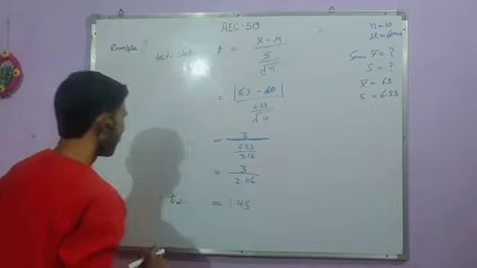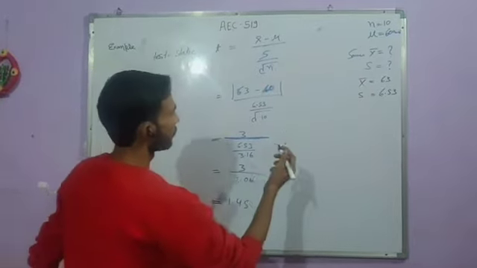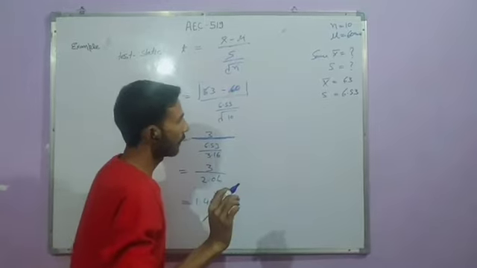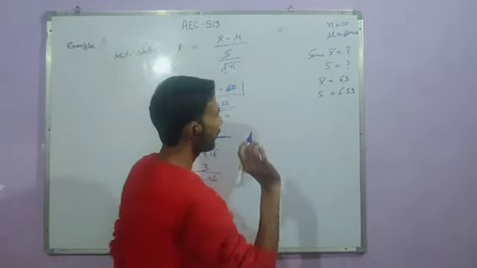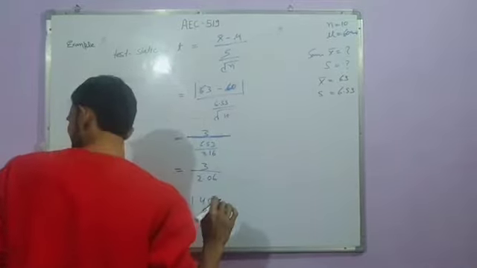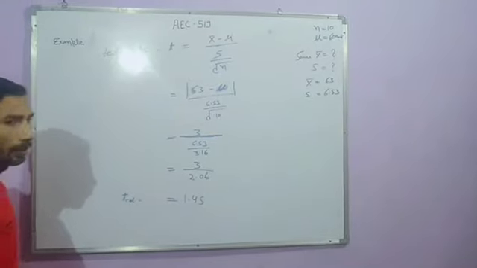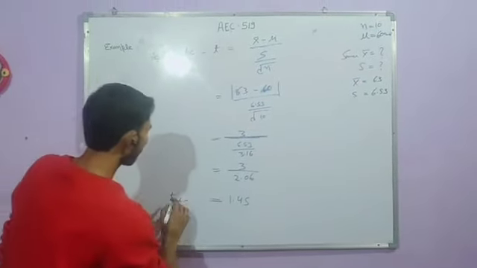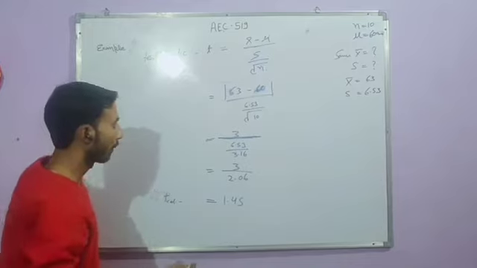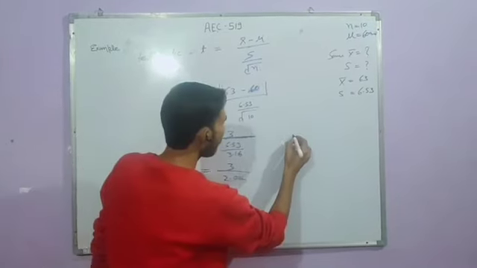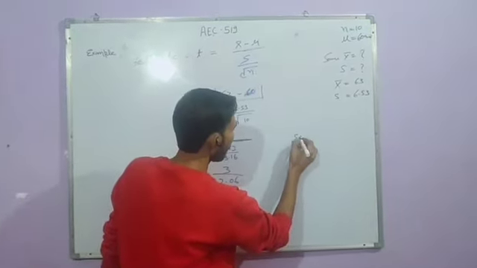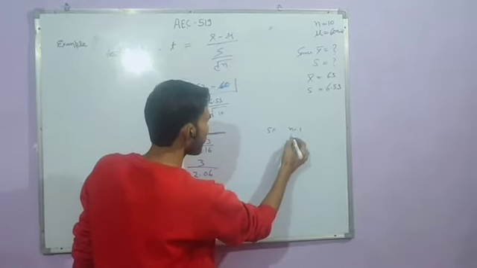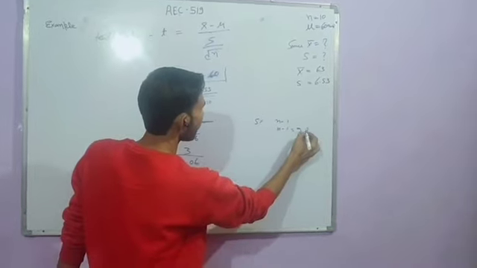So what is the T tabulated value? At 5% level of significance and n-1 degree of freedom. Now we compare T calculated value with T tabulated value. n-1 means 10 minus 1, 9 degrees of freedom.